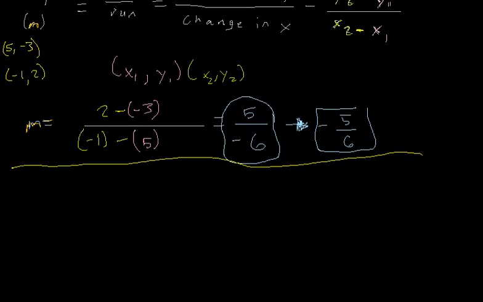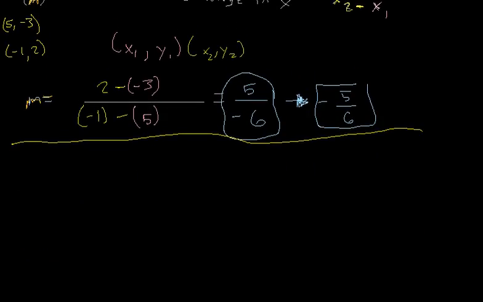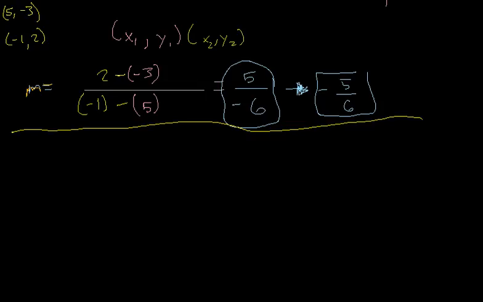So the mistake that's typically made here, starting out just like before, I'm going to say, let's take 2 and subtract negative 3. That part is actually the same.